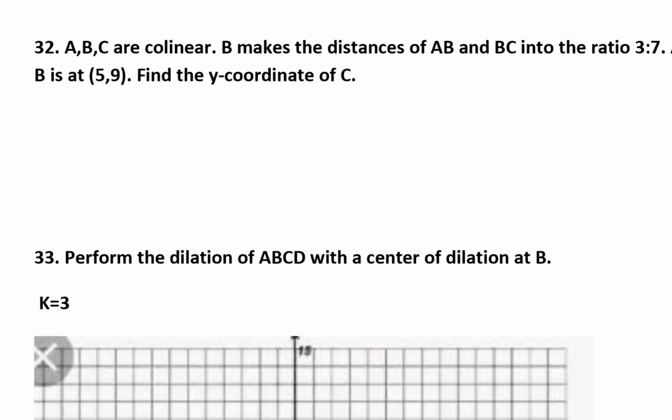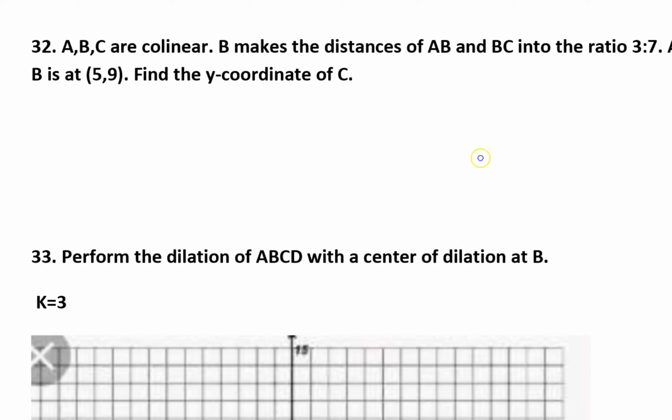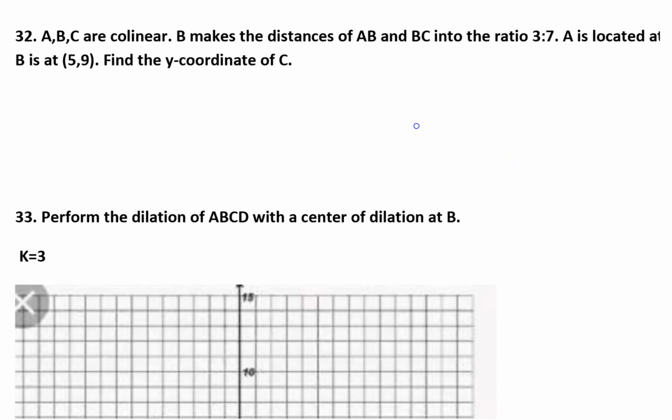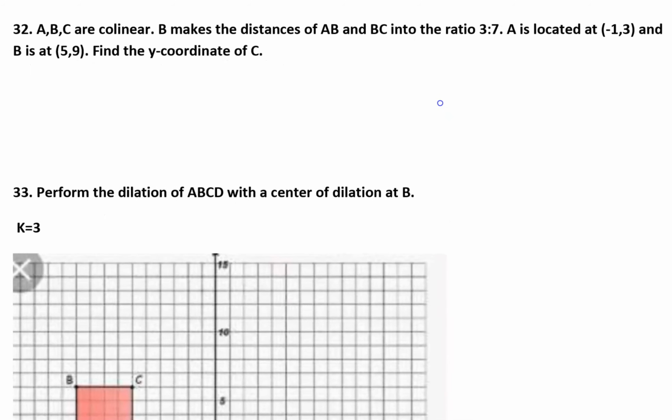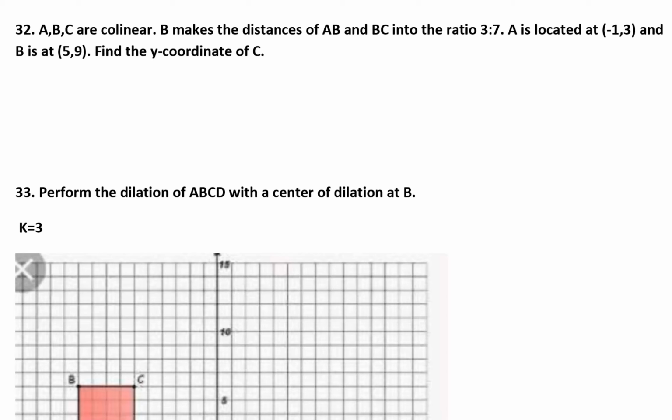All right, so A, B, C are collinear. B makes the distances of AB. Let's try this one on a graph just to see. Oof, I don't know, these numbers. I think it would be hard to do without an actual graph. So I'll show you how to do it with numbers, and then you can do it on a graph on your own.